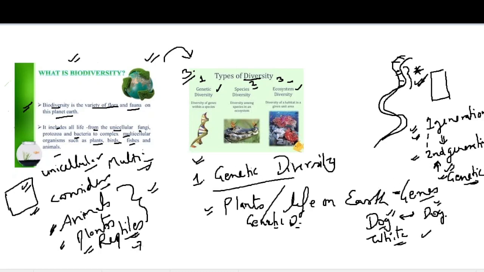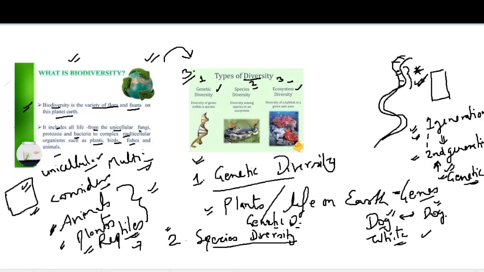Now moving ahead to the second component, species diversity. Every animal or every plant has a certain species associated with it.